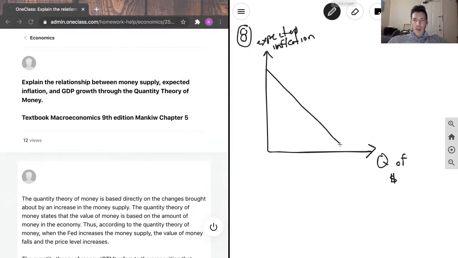The demand for money slopes down, and the supply of money is straight up. And the equilibrium where they cross shows the expected inflation rate.